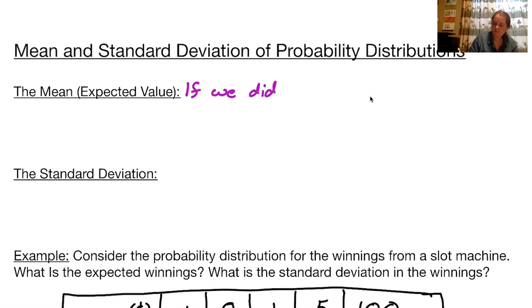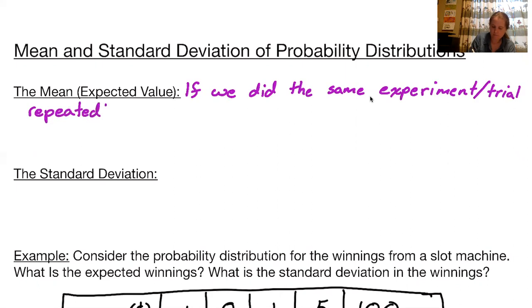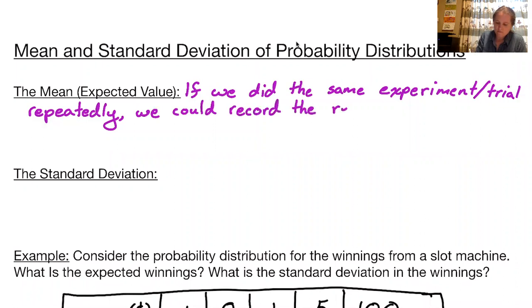So if we did the same experiment or trial repeatedly, we could record the results and take the average, and find the mean.